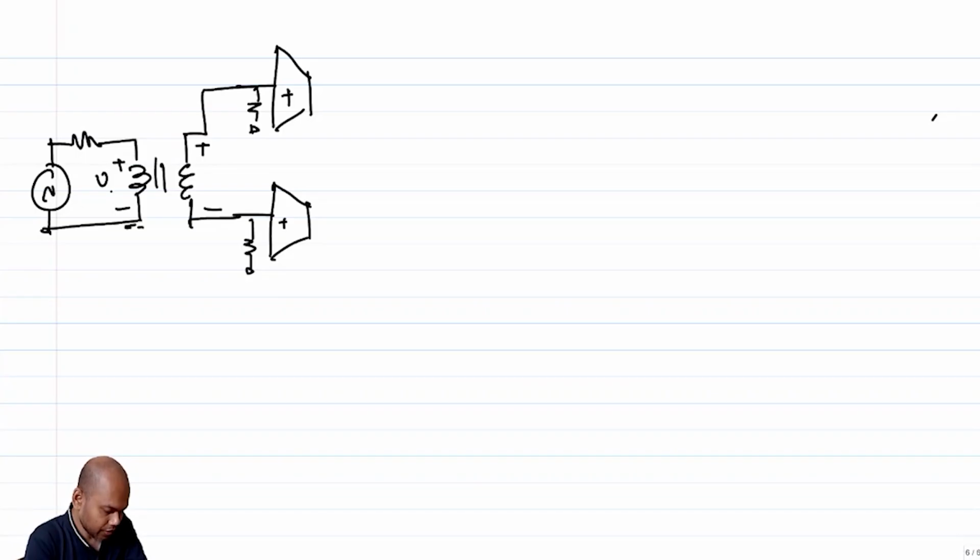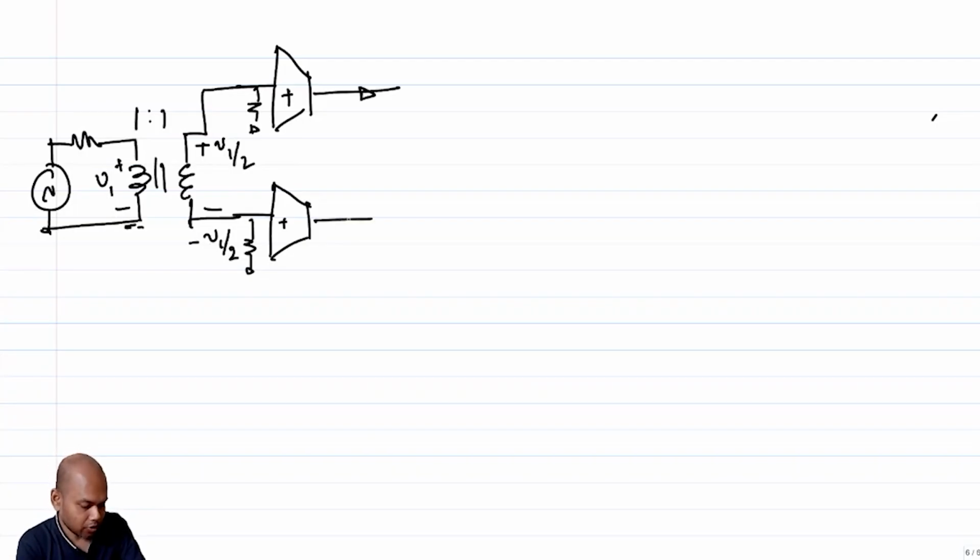If this is V1 between these two terminals, and if it is a 1:1 transformation ratio, then this will be V1 by 2, this will be minus V1 by 2. So the current that is going to flow out will be Gm times V1 by 2. This will be minus Gm times V1 by 2.